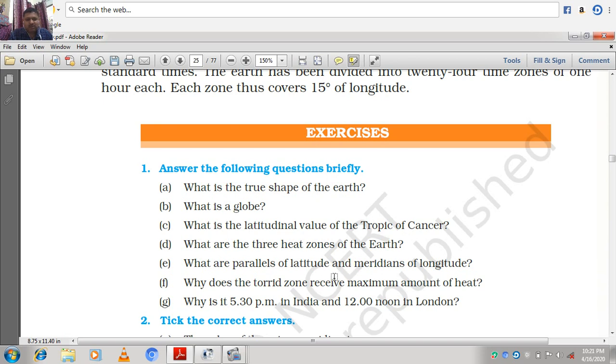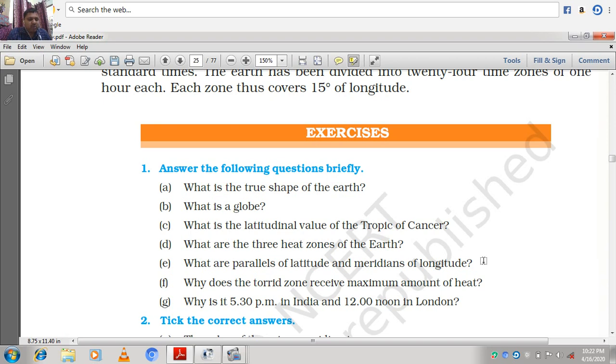Next is: what are the parallels of latitude and meridians of longitude? What are the parallels of latitude? Parallels of latitude always move parallel to the equator.